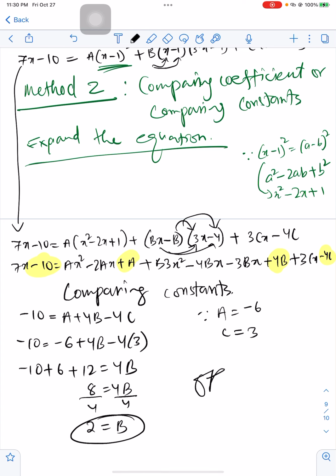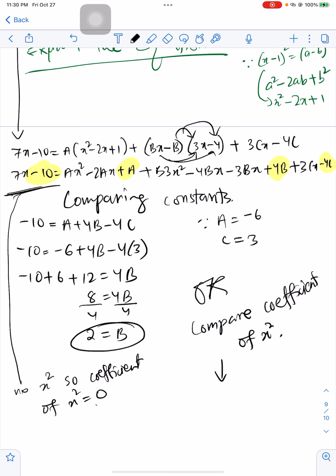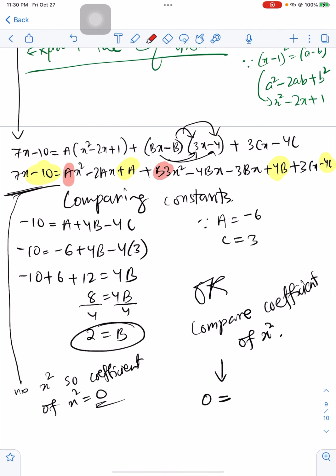Further, you can compare the coefficient of x square. Here the left hand side has no x square, so the coefficient of x square is equal to 0. However, here your coefficient of x square is a plus 3b.